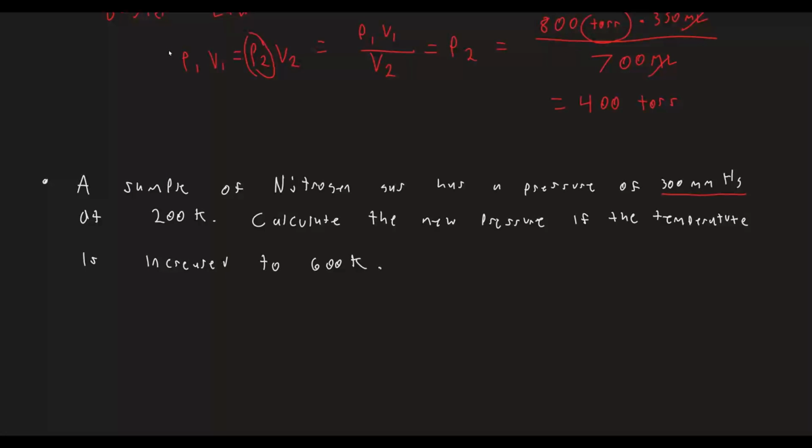We have a temperature of 200 K. We need to calculate a new pressure if the temperature is increased to 600 K. So right here we have a T2. We have a new pressure, so this is a P2. We have an initial pressure, so that is a P1. And we have an initial temperature, so that is a T1.